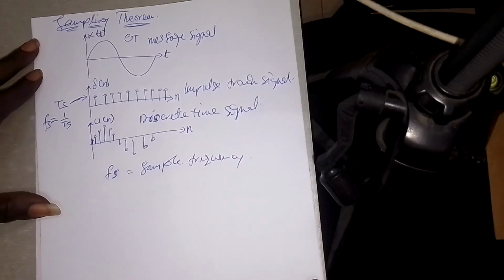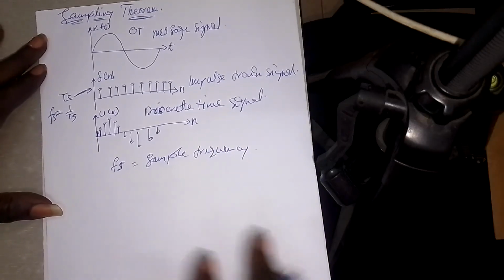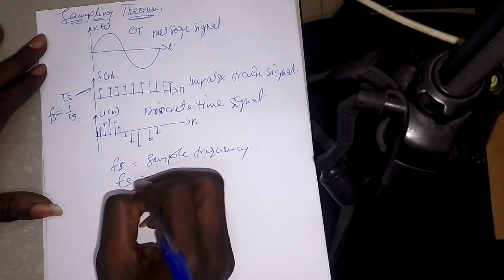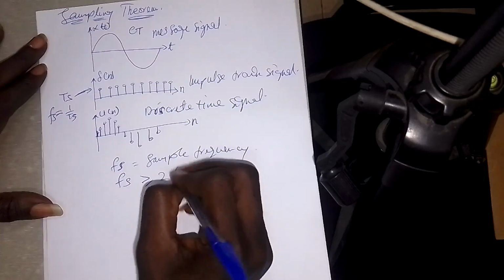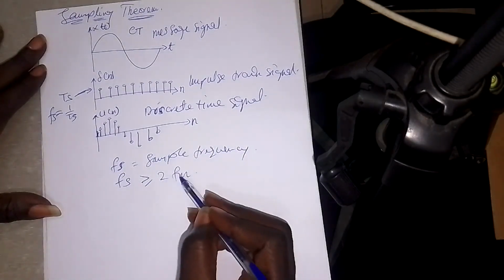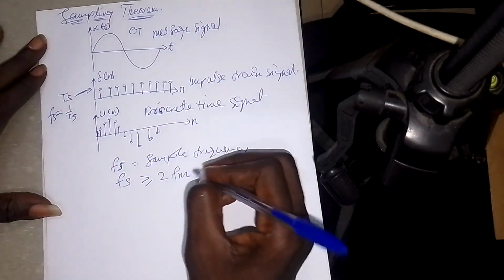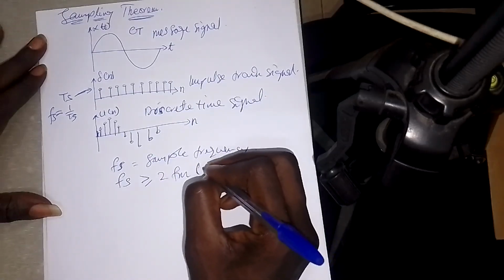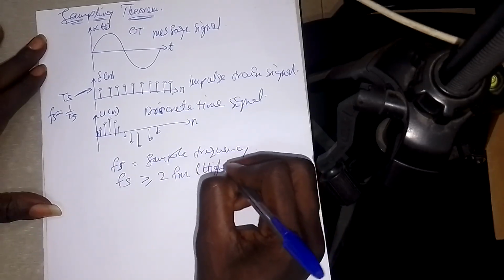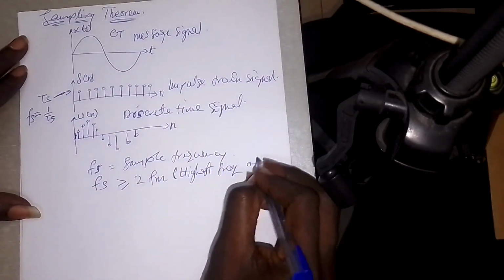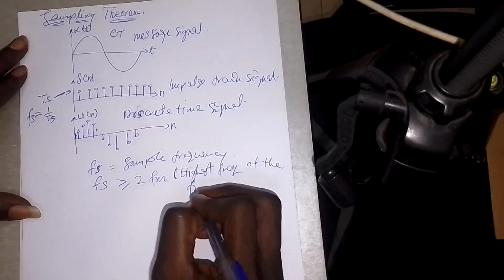What is always important is that our Fs should be greater than or equal to 2 times our Fm. That is, 2 times the highest frequency of the message signal.